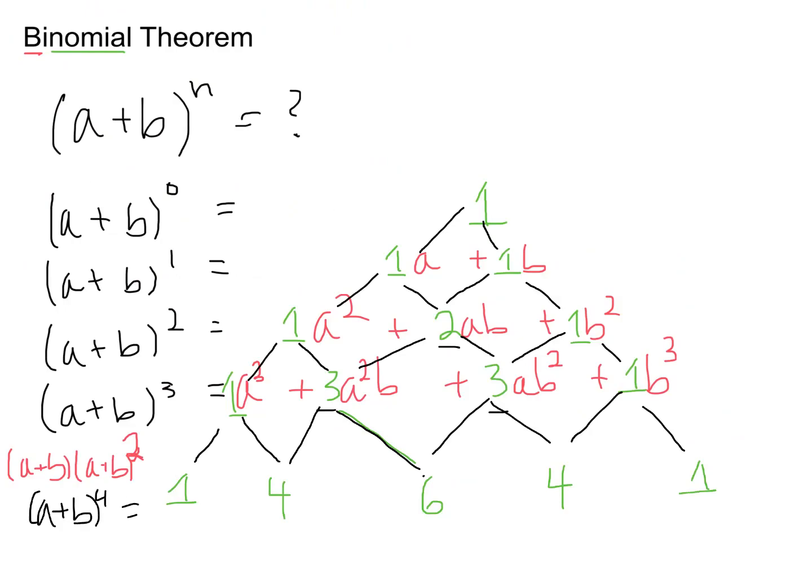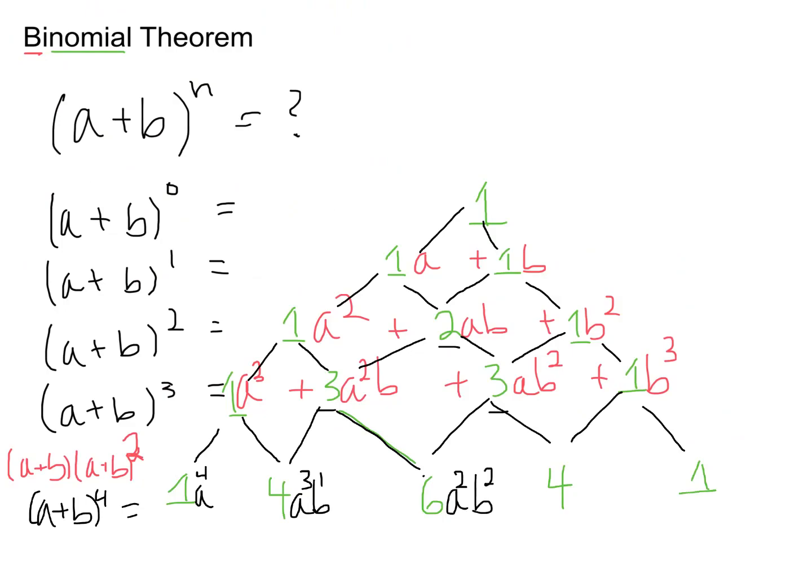We would have a to the 4th, b to the 0. What's b to the 0? It's just 1, so it's not there. Then we have a to the 3rd and b to the 1st, right? Then a to the 2nd, b squared, since b is moving up and a is going down.